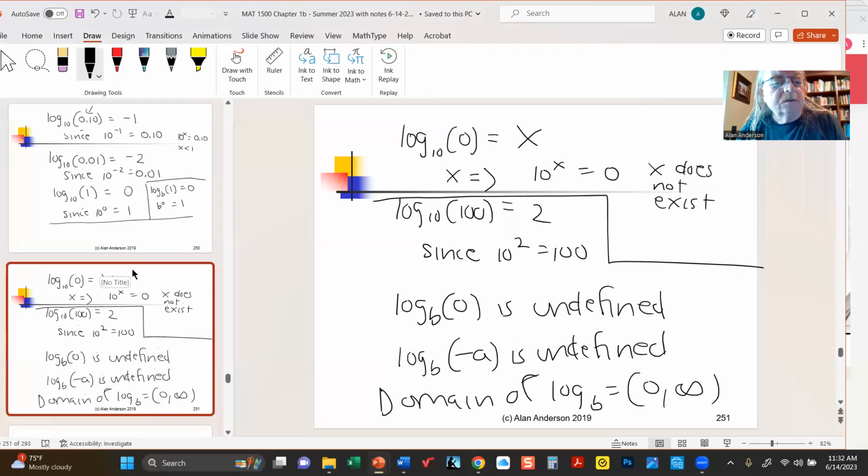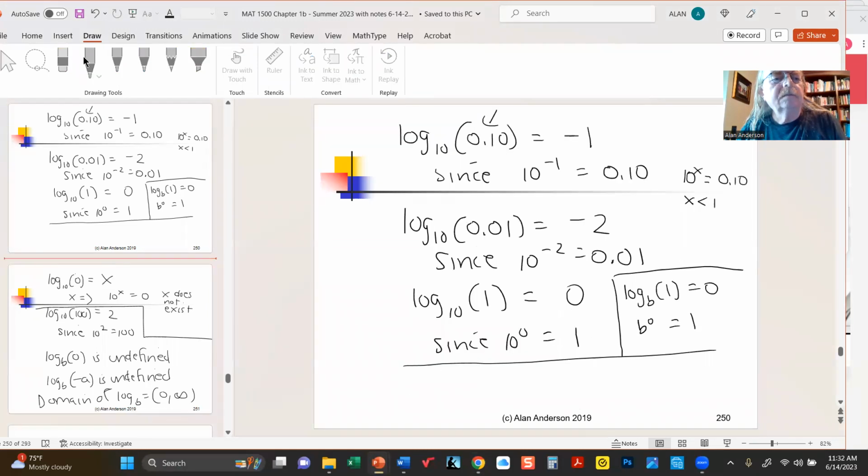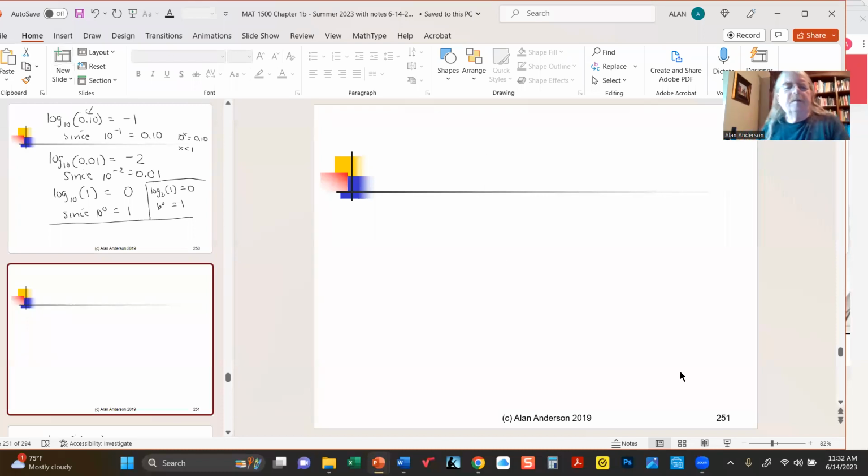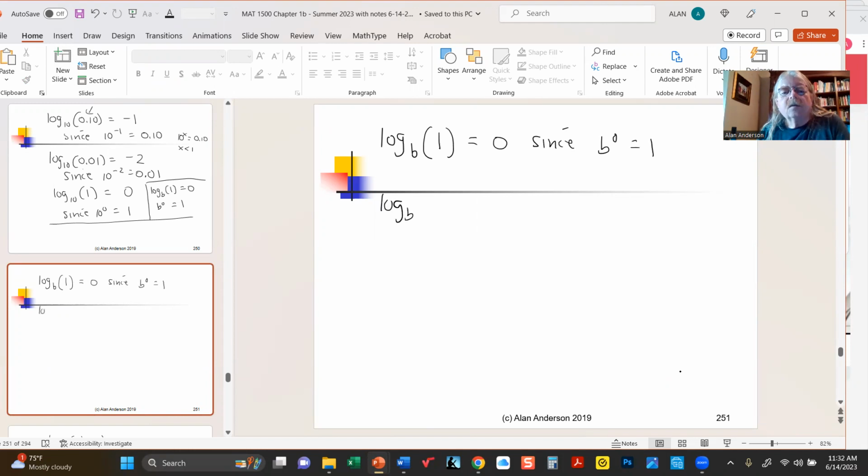Okay, so just remember, just in general, remember what the base is. The log of anything less than 1, let's call it a.